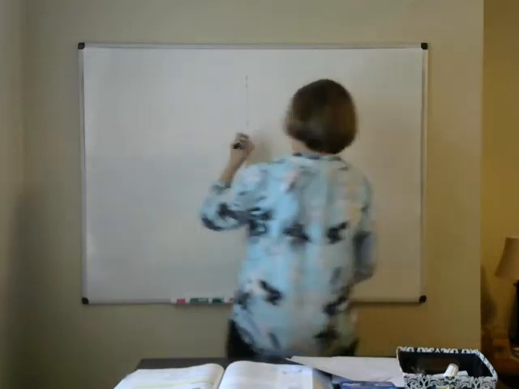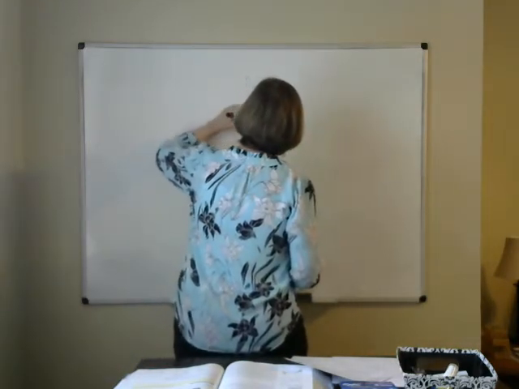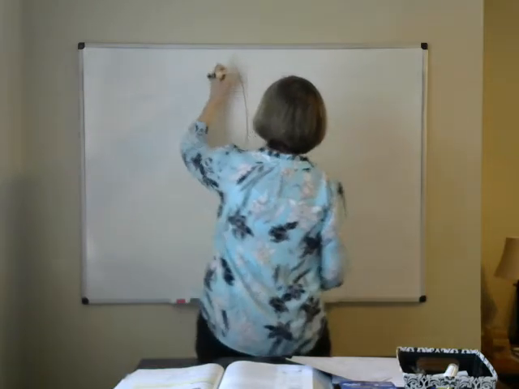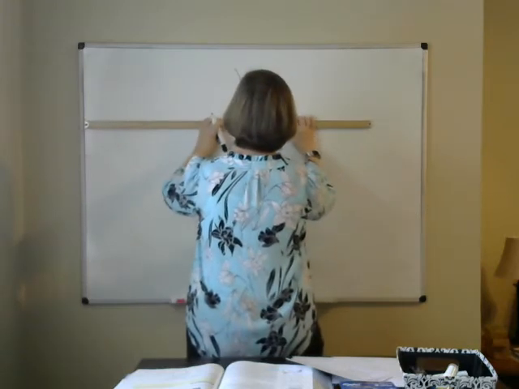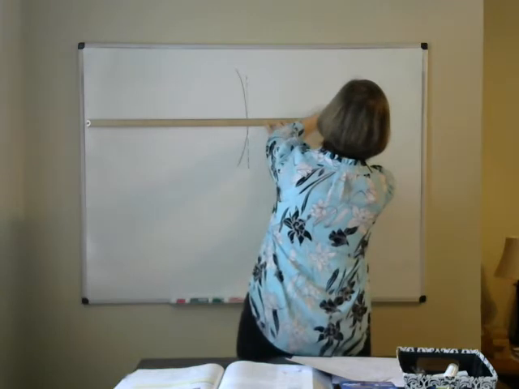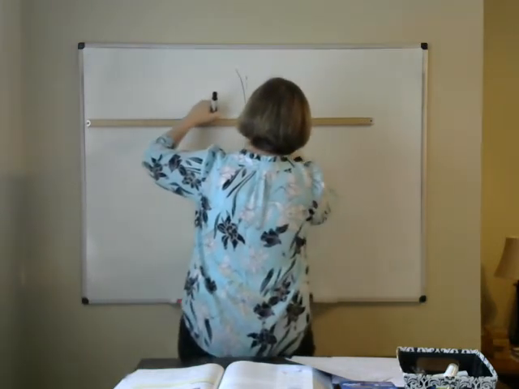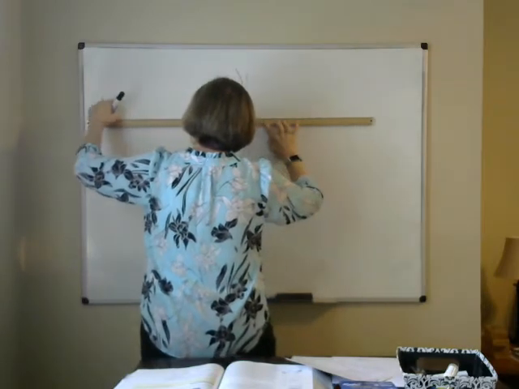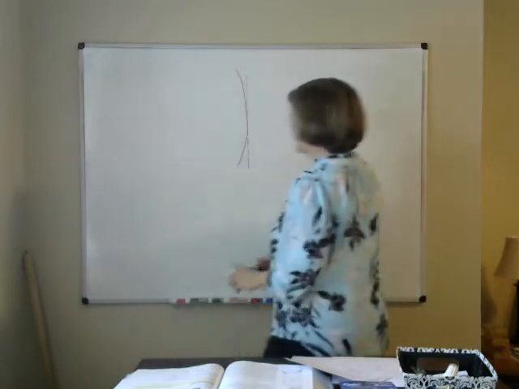So our mirror is curved, just like that. And of course, we're going to have our optical axis right through the middle. Okay. So how do they work?